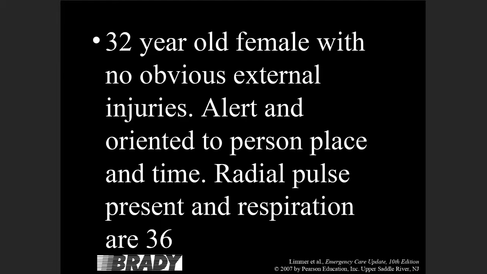A 32-year-old female with no obvious external injuries, alert and oriented to person, place, and time. Radial pulse is present and breathing at 36 times per minute. Don't get lulled.